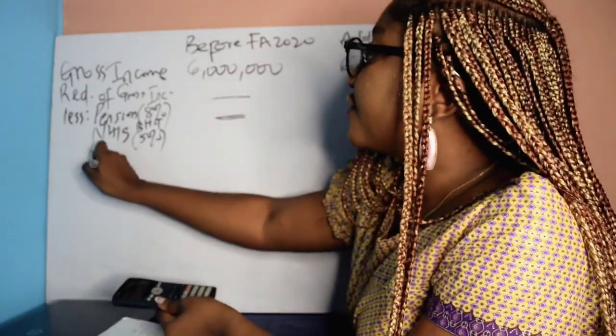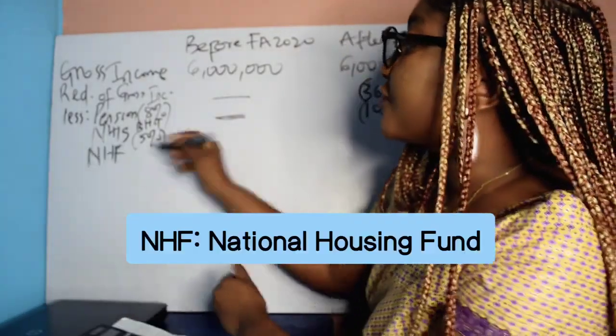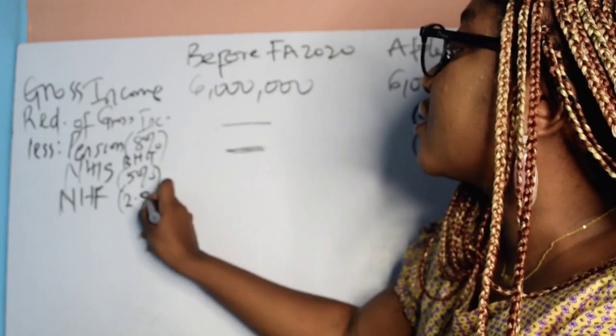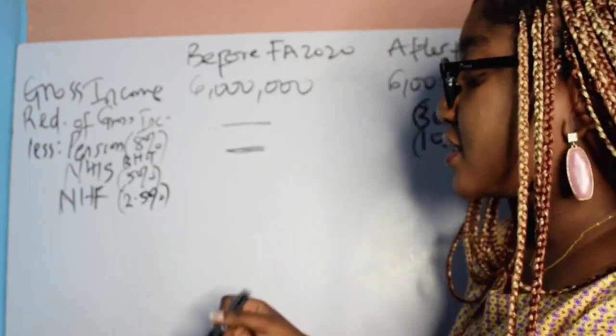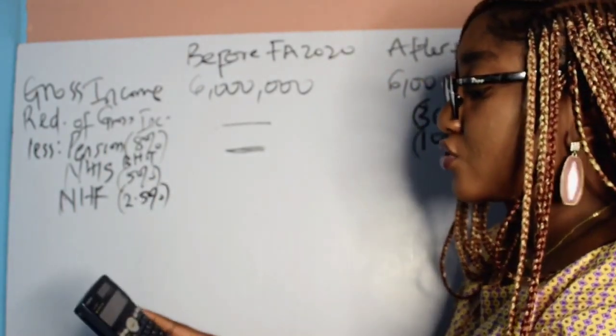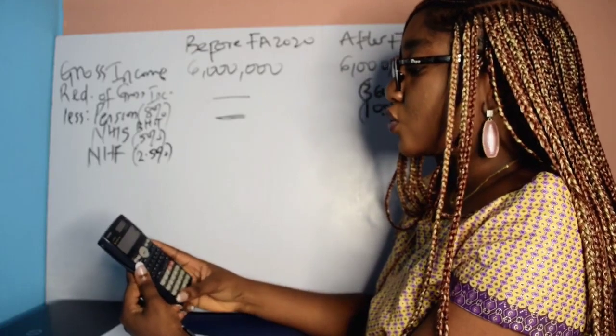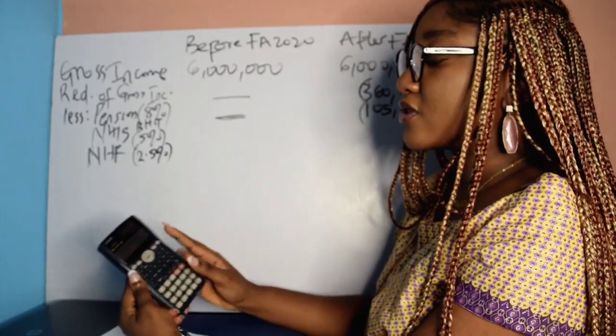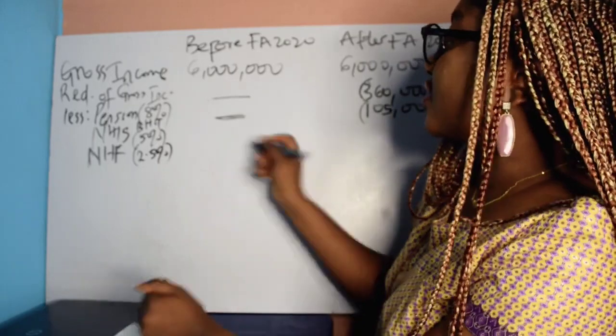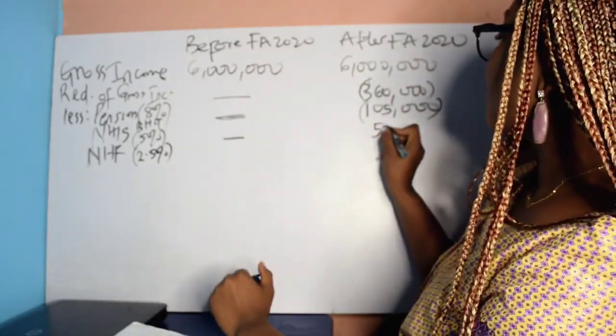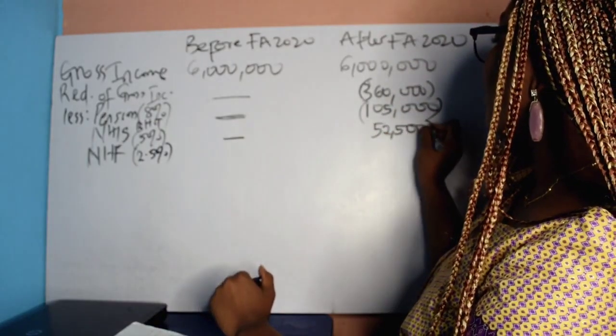Then NHF. NHF is usually 2.5% of basic, right? So let's do that. 0.025 times 2,100,000 gives us 52,500. This place is empty, and we have 52,500.